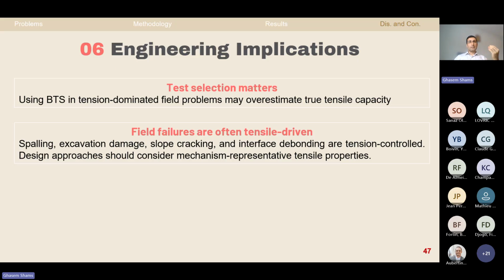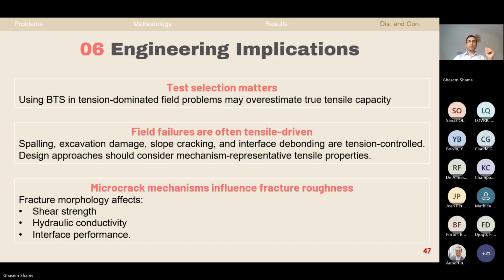If it's really tensile microcracking, maybe in our design it's better to use the direct tensile strength value, not the Brazilian tensile. But if we have a shear dominated microcracking mechanism determined from the field, we can use the Brazilian tensile strength directly.